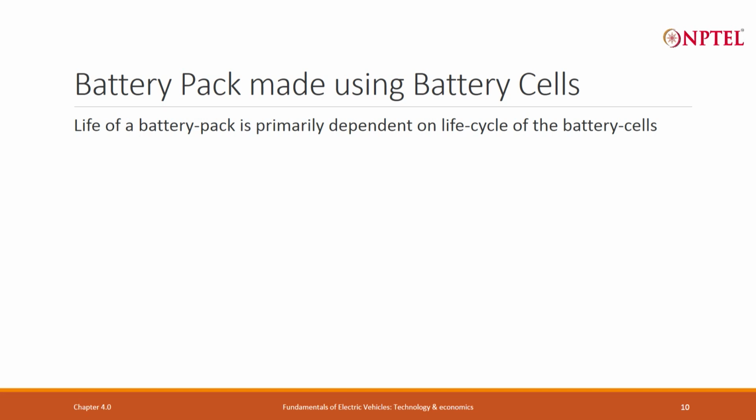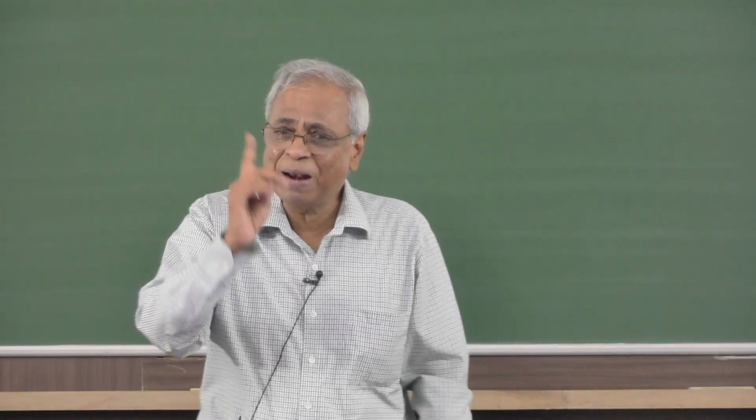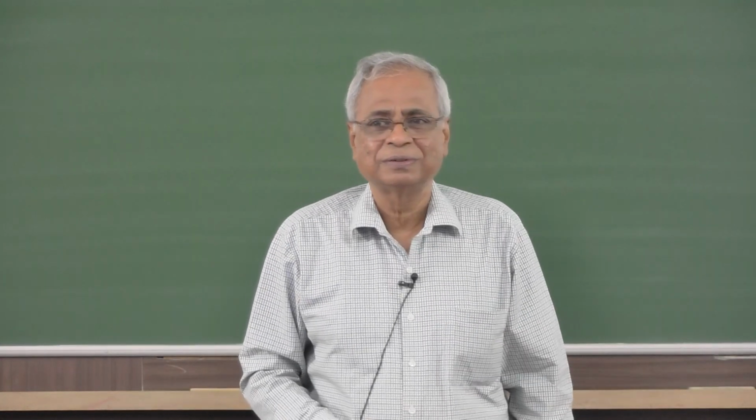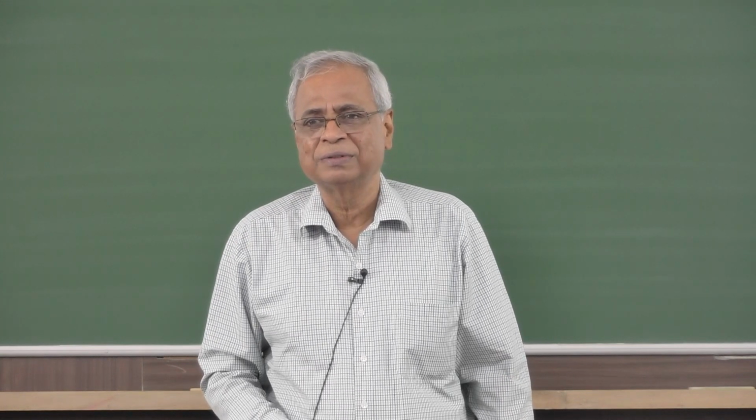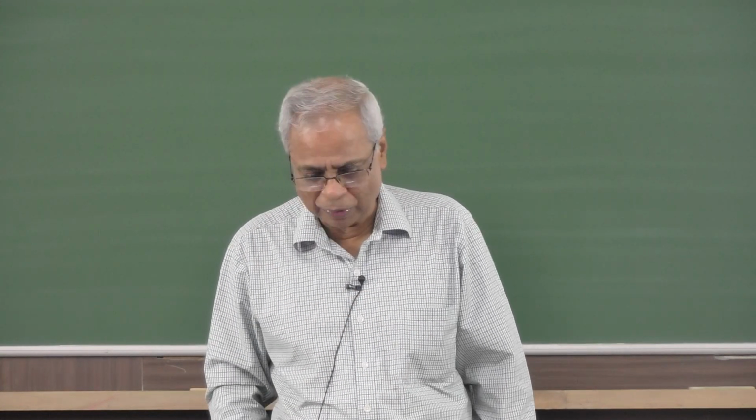Then I talked about how a battery pack is made using battery cells. I am revising what I had done in the last class. The life of a battery pack is primarily dependent on the cycle life of a cell. So, every cell matters. If there are 100 cells that go to assemble a battery and one cell goes lower, the whole battery pack goes lower.